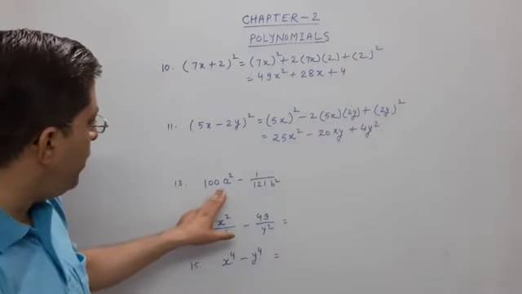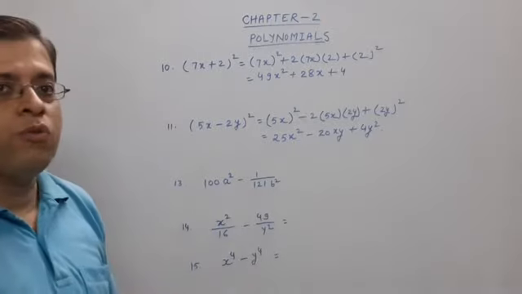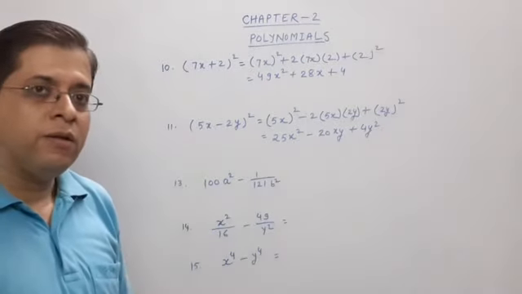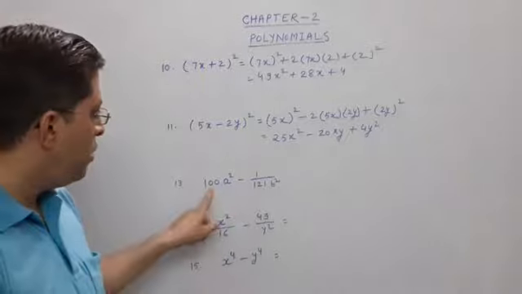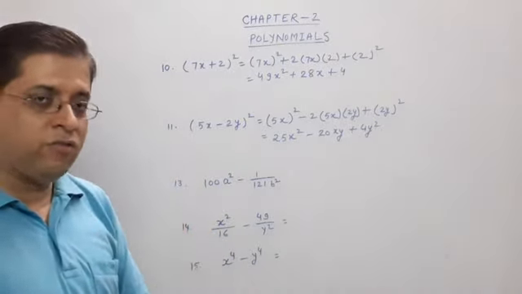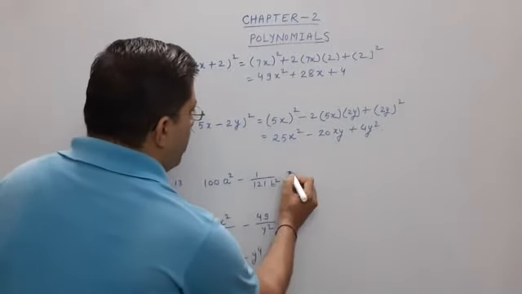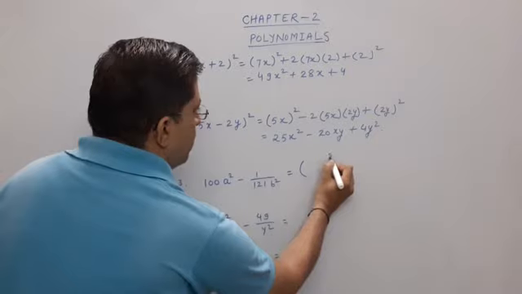Now the next one. This is 100a square minus 1 upon 121b square. Just think, see the square numbers. 100 is a square number. A square, that is a square number. 121 is a square number. Okay. So what can I do here?